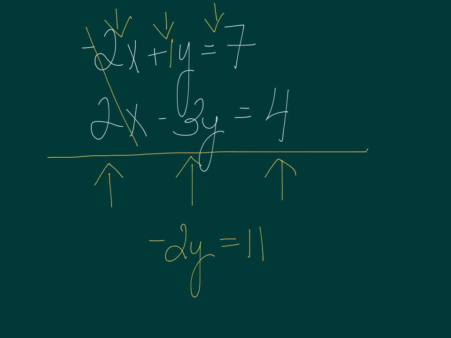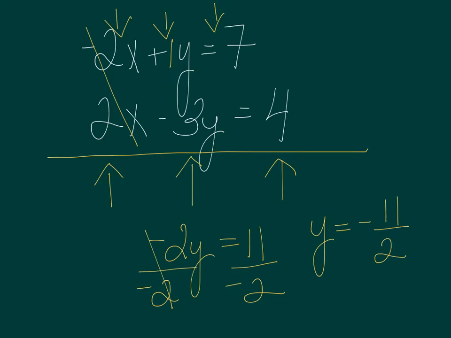Last step, I have to divide both sides by a negative 2, and I get the lovely answer of y is equal to negative 11 halves. Thank you so much. Should have made that a 5. Then it would have been 12, and 12 divided by 2 would have been a little bit nicer. No big deal. We'll just pretend that we don't mind fractions.